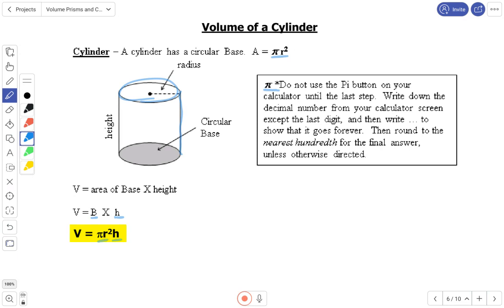Now, when we're using the pi key, do not actually input the pi key until the very last step. It's going to save you from having to write out really, really long decimals. When you hit it on the last step, that will give you your final answer. And then once you see your final answer, you can round it to whatever the directions tell you to.